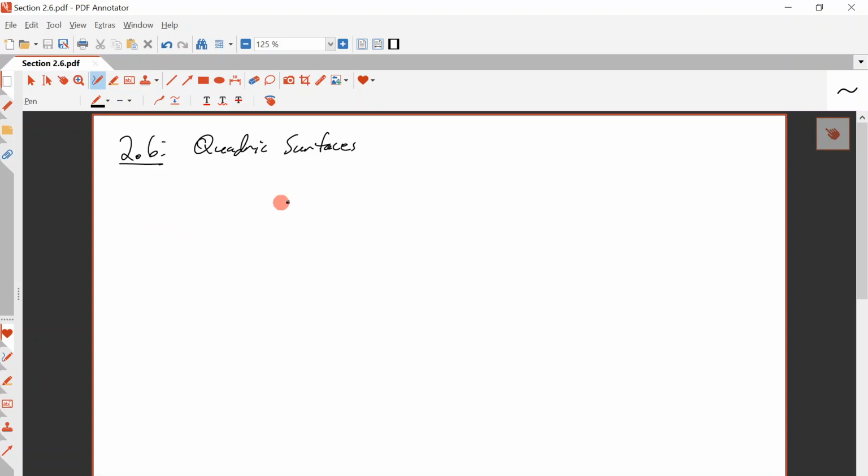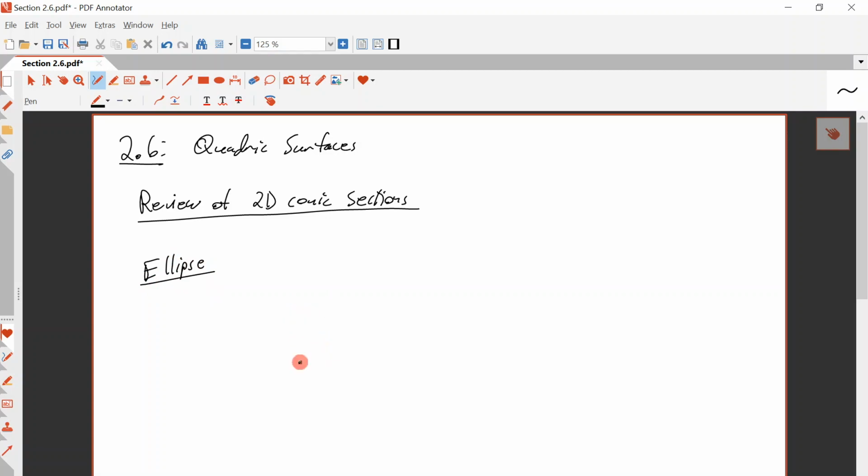So here's a review of 2D conic sections. An ellipse has the following standard form, centered at the origin, has the following equation in standard form.